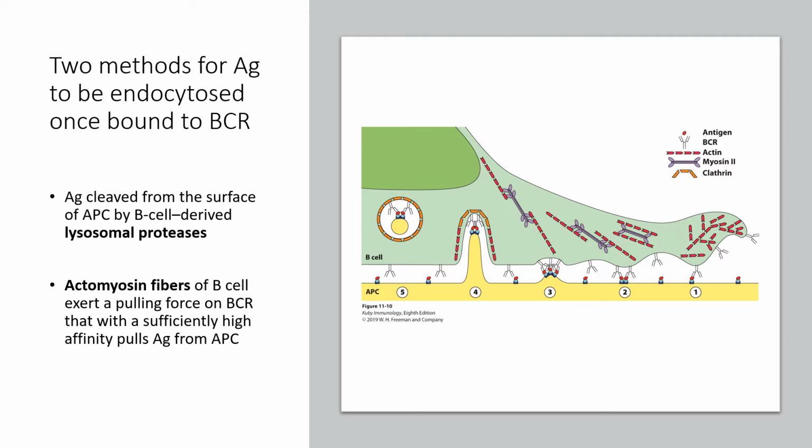The first method is just by sampling and pinocytosis of that lymph fluid that's around them. Just the extracellular fluid. Most cells do this. They constantly drink a little bit of the extracellular environment. The cells that are the best at this are the dendritic cells. B cells do it too, and they will acquire some of their antigen that way.